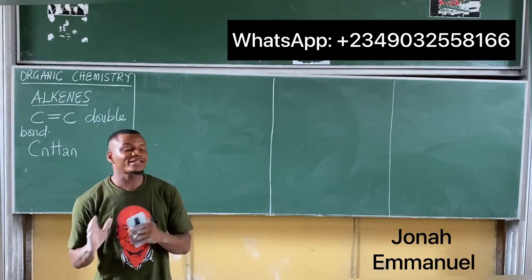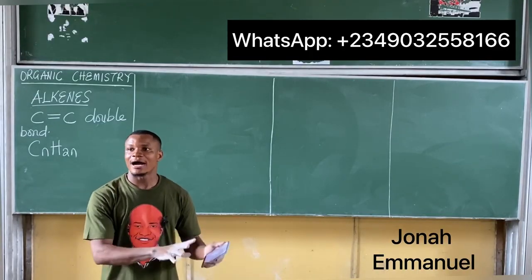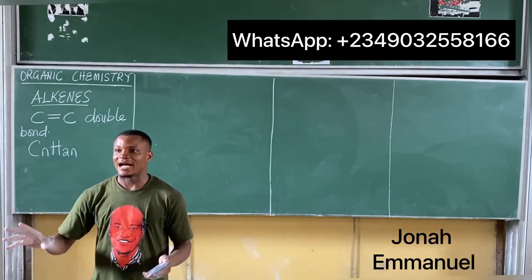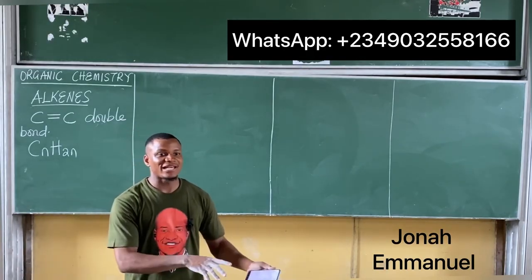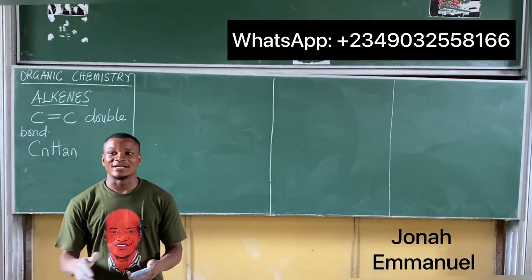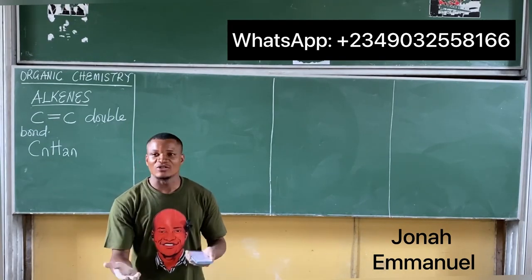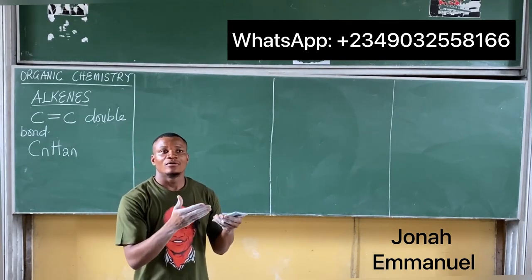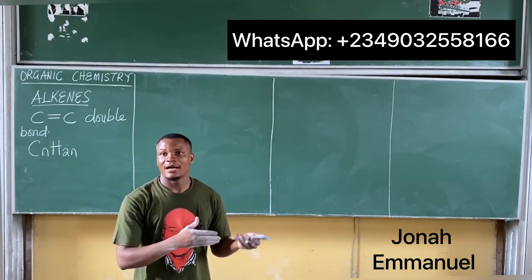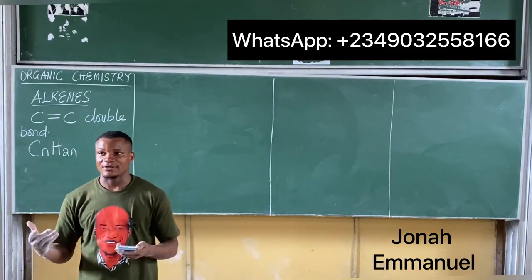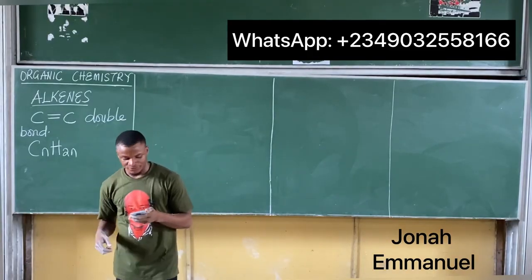We discussed this one earlier, Abby. What we said: alkenes and cycloalkanes are what? Isomers. What kind of isomers? Functional isomers. So if you were here earlier, we talked about it.